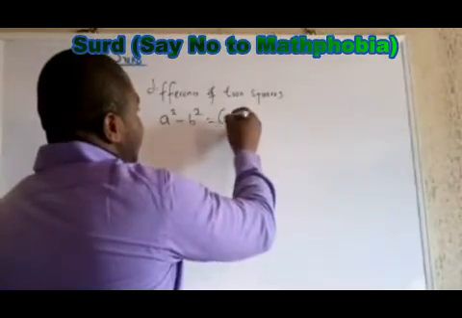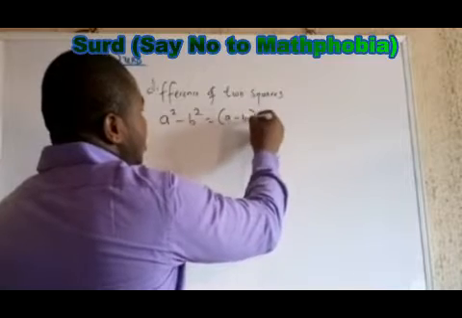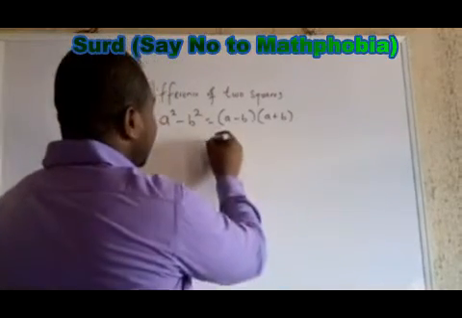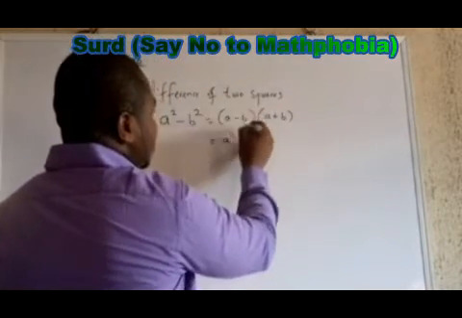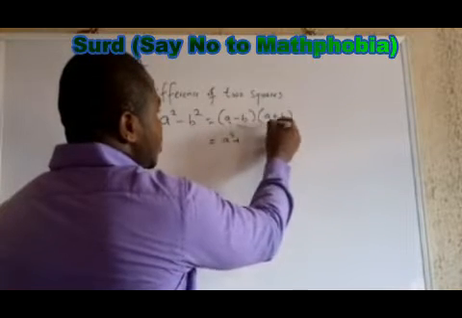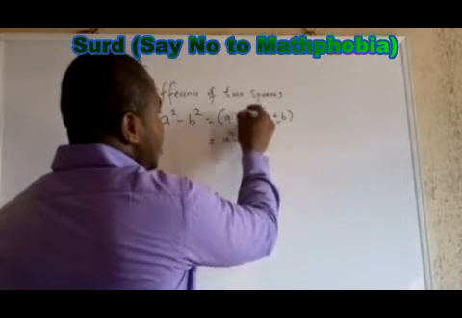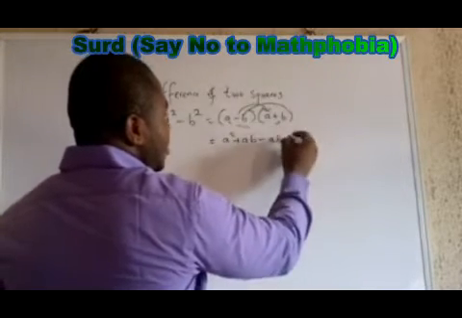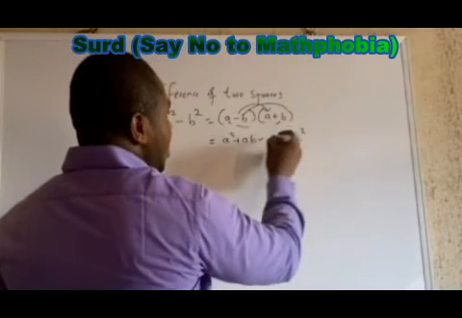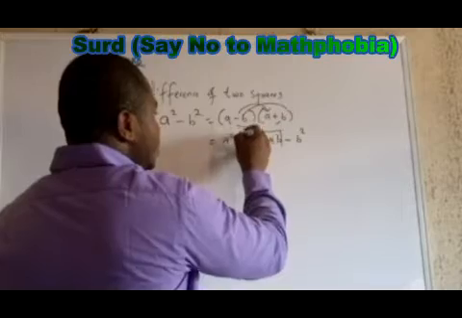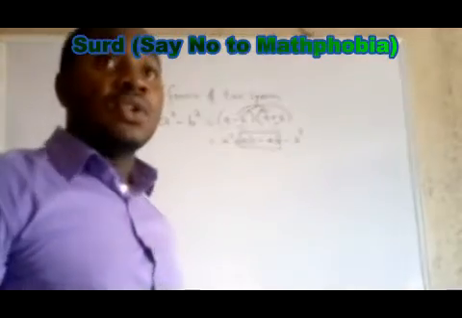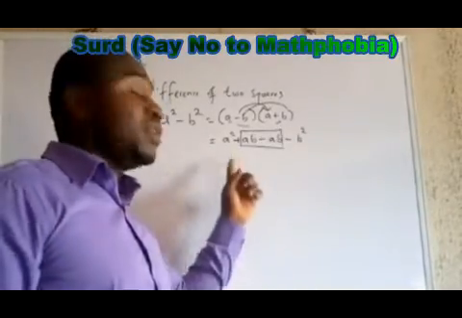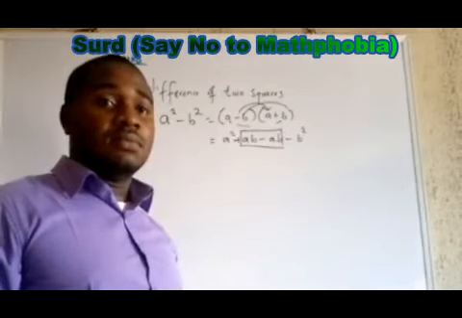They are actually a minus b, then a plus b. Upon expansion, you will see that you have a squared, then plus ab minus ab, then minus b squared, and then this goes. Now, for you to evaluate surds easily, you must come to understand this very well. It's necessary and sufficient.